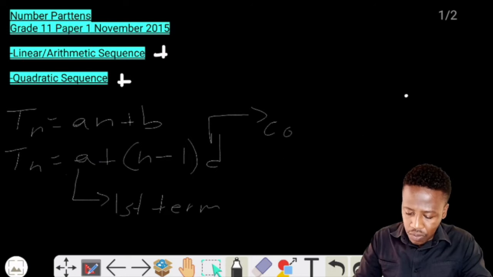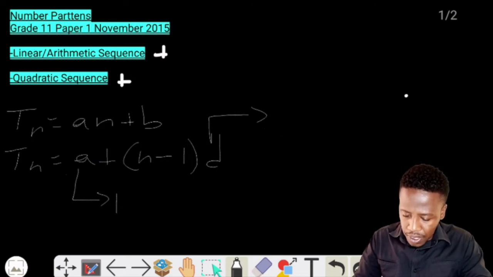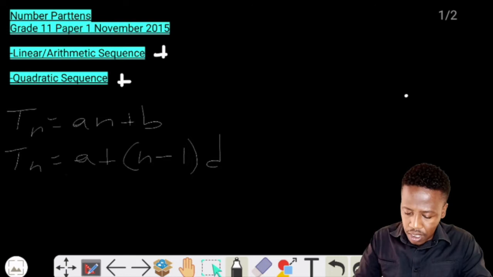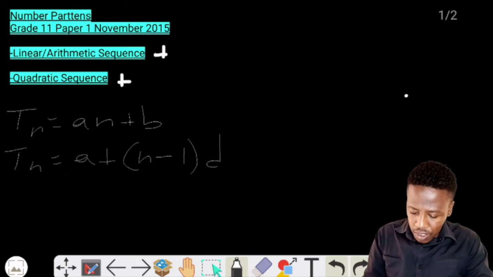I'm just quickly explaining these because you are busy with your exam, so I'm not going into deep detail. I'm just making you aware of the equations that we are going to be using.